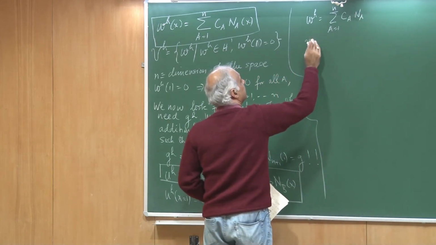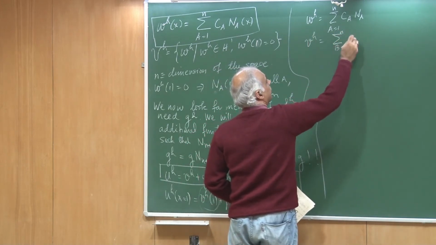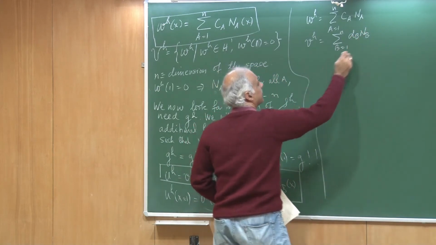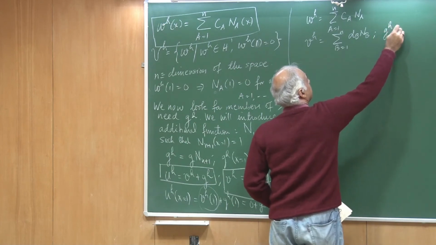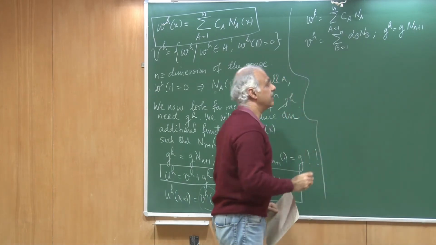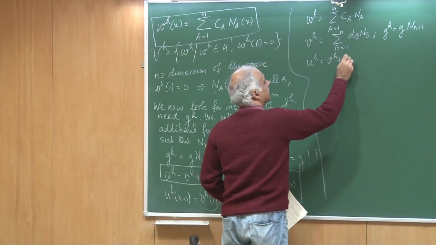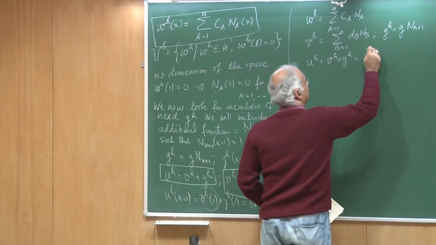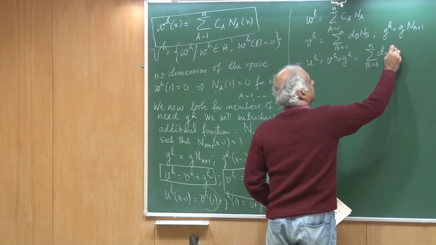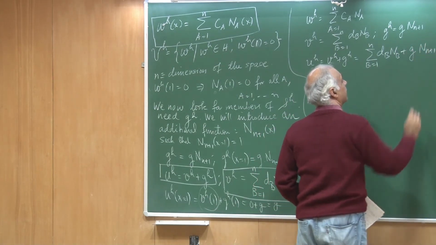My VH is given as summation B goes from 1 to n dB NB. And therefore, if I write my GH as G times N n plus 1, then I could write UH as VH plus GH, which is given as summation B goes from 1 to n dB NB plus G times N n plus 1.